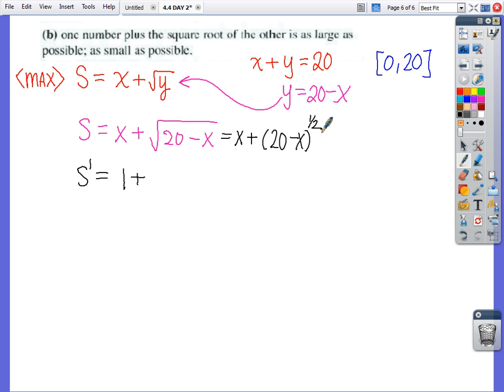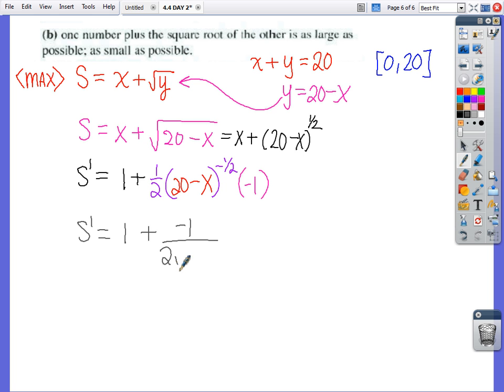So bring the power down, subtract 1, leave the inside the same, multiply by the derivative of the inside. So we end up with S prime equal to 1 plus negative 1 divided by 2 root of 20 minus x.